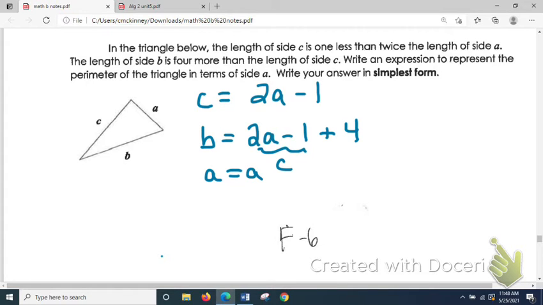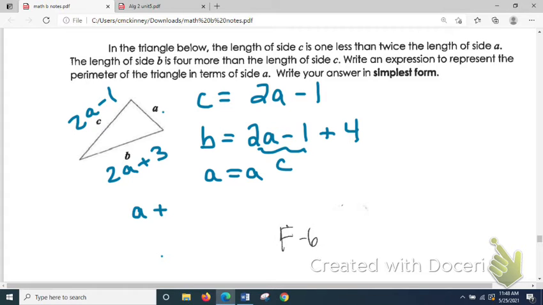A is itself. So if I want the perimeter, I have to go all the way around this triangle. So I would have A plus, if I go around this way, this is my A. B is 2A minus 1 plus 4. B is 2A plus 3. C is 2A minus 1.